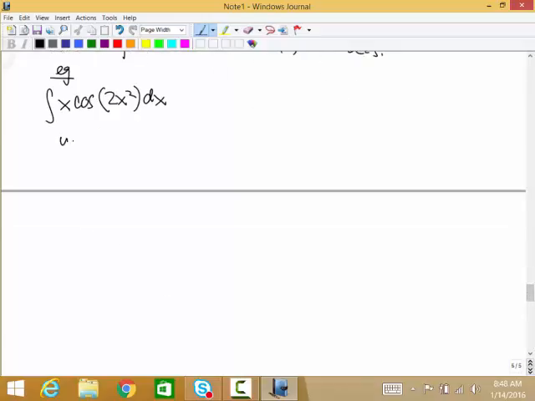So if we set u equal to 2x squared, then du dx is equal to 4x. So dx is equal to du over 4x.